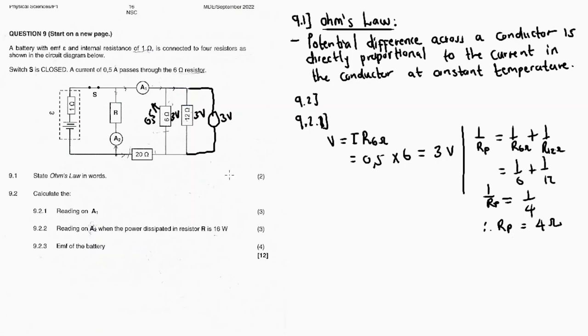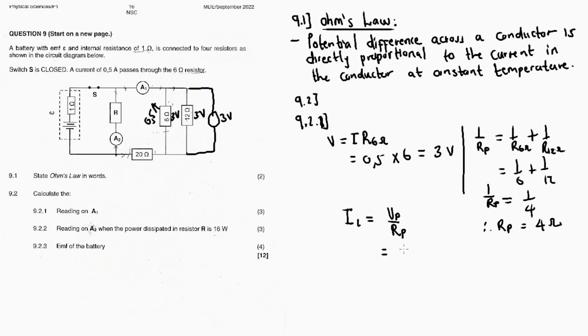So now since the total resistance for this parallel connection is 4, and the total voltage for the parallel connection is 3, the current is the same as A1. So current I1 is equal to V over R, V for the parallel connection over R for the parallel connection.